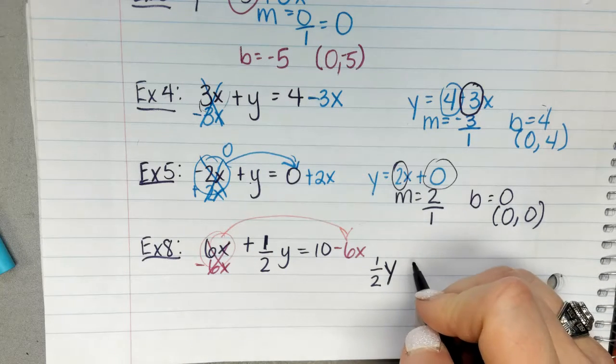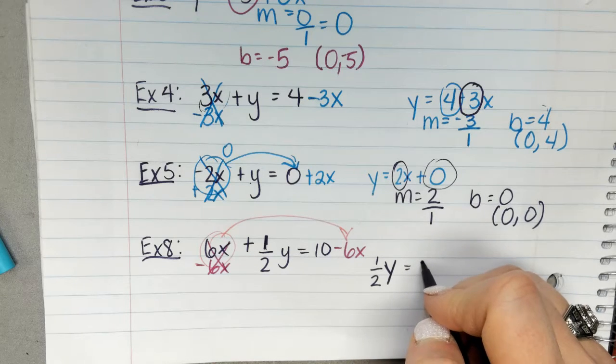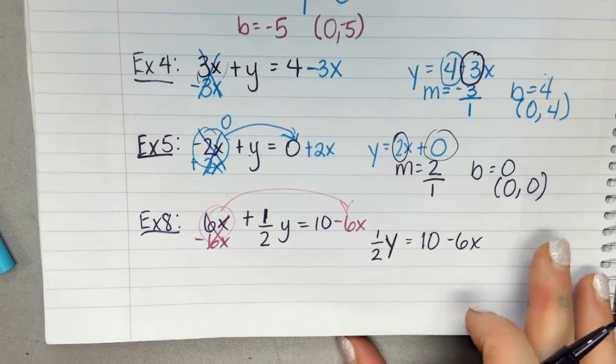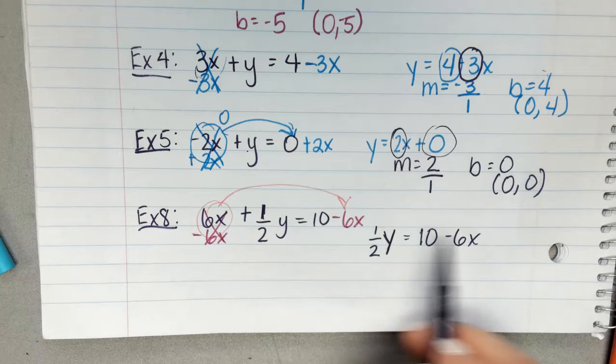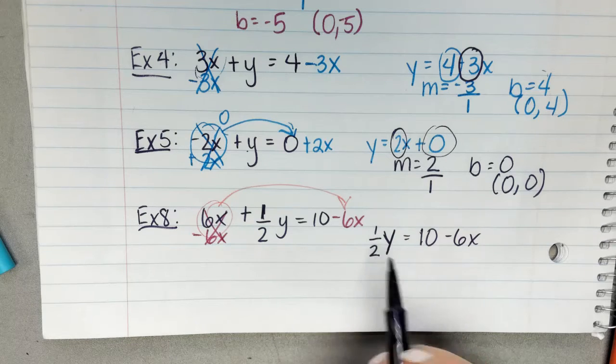Okay. 1/2 y equals 10 minus 6x. So think about our equations. We need to get y by itself. How can we get y by itself? You multiply by the reciprocal.